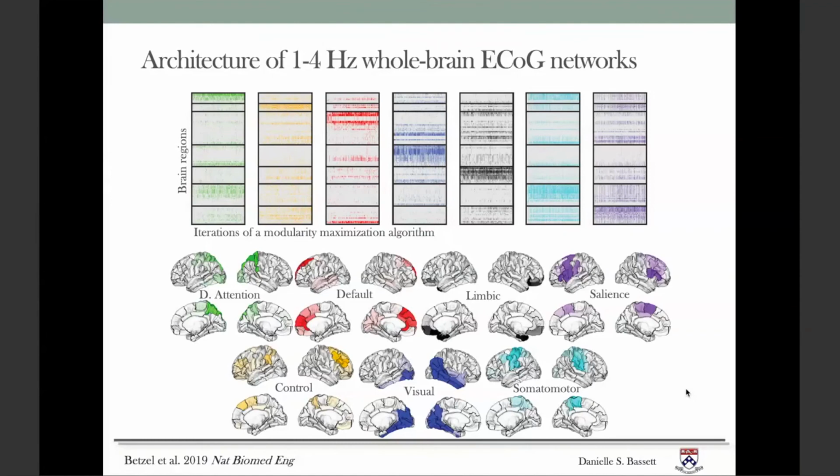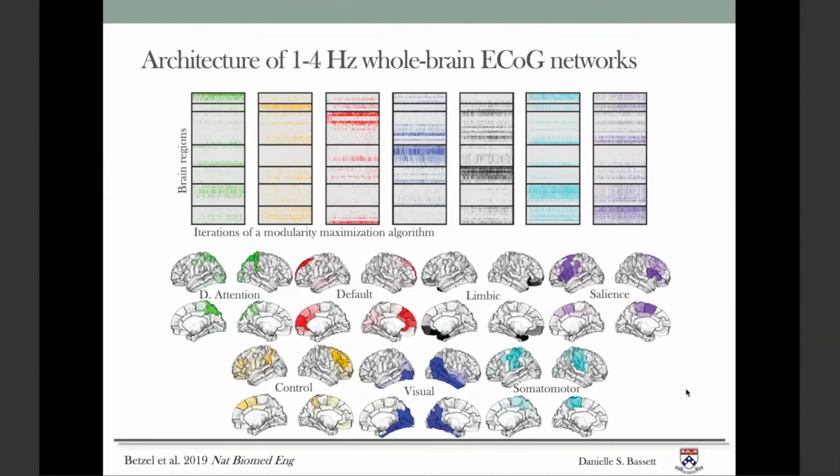And so here what you are seeing are different brain regions along the y-axis, and along the x-axis are iterations of a modularity maximization algorithm, which is basically a clustering algorithm to identify groups of regions that are strongly functionally connected to one another.